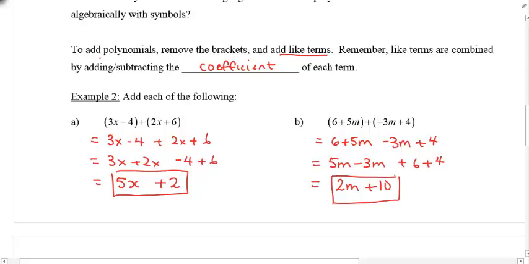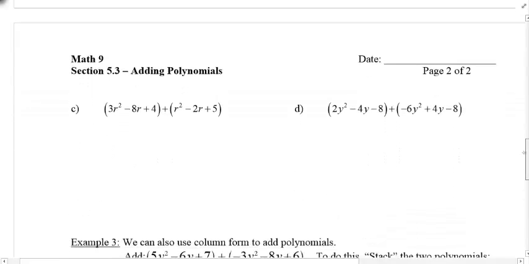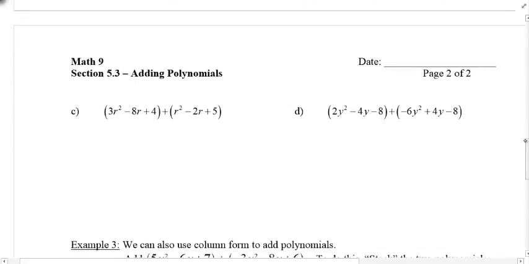Okay, you get this? Turn the page. Your turn. Try C and D yourself. Have fun. Get rid of the brackets. Group like terms.